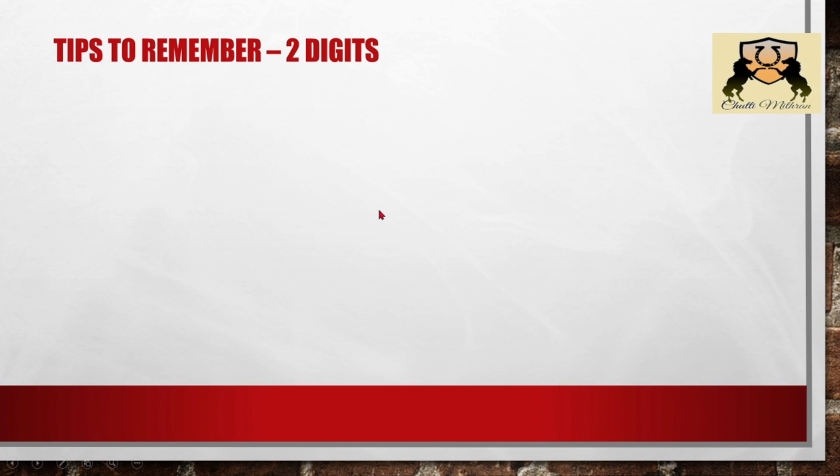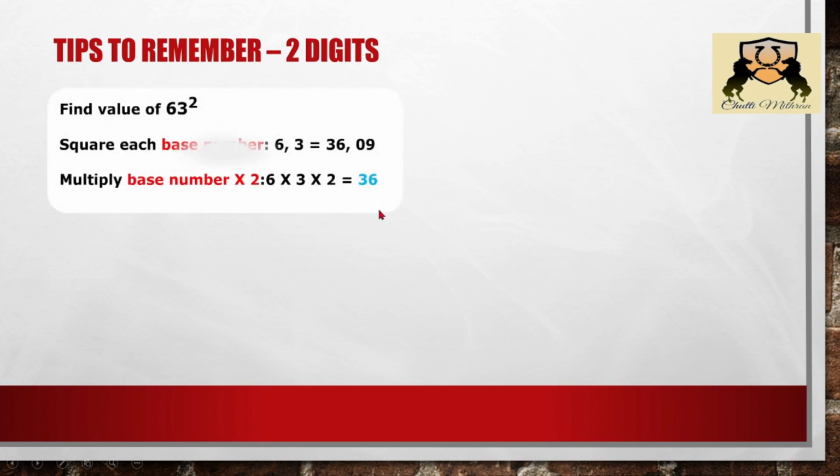Tips to remember. Find the value of 63 squared. Basically, before we go into the question, we have to understand a simple term. What is a base number? In our case, the base numbers are 6 and 3.